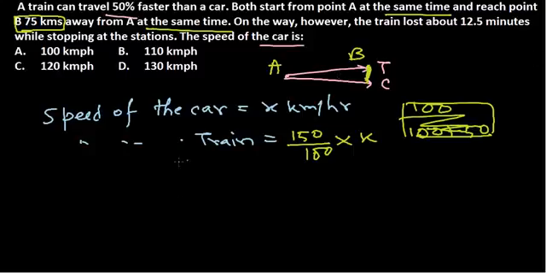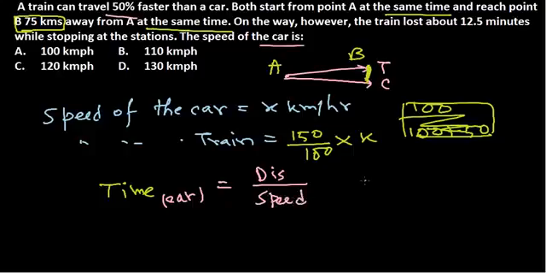So the time for the car equals distance divided by speed, that's the formula of time. Here the distance is 75 kilometers and the speed is x kilometers per hour. So this is the time taken by the car to reach point B.